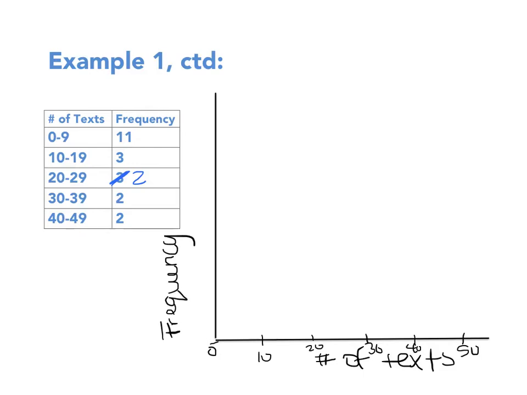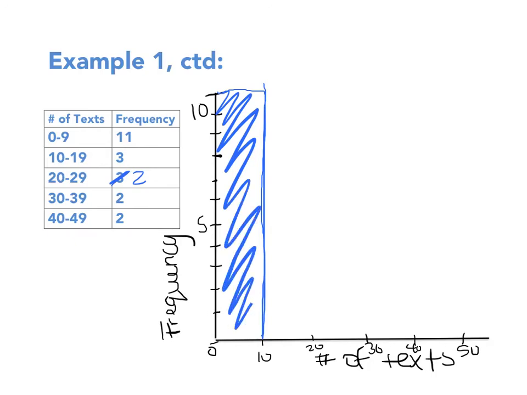So I'll just go 1, 2, 3, 4, 5, 6, 7, 8, 9, 10, 11, and label 10, and label 5. Okay, so now I just get to drawing, and I have from 0 to 9, I have 11 kids who texted between 0 and 9 text messages in one day.